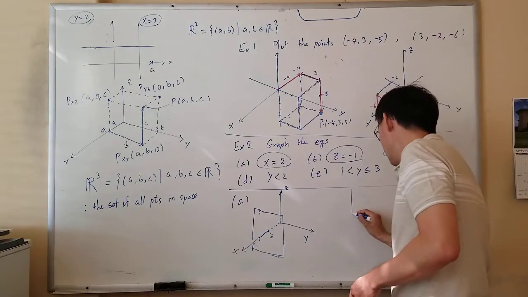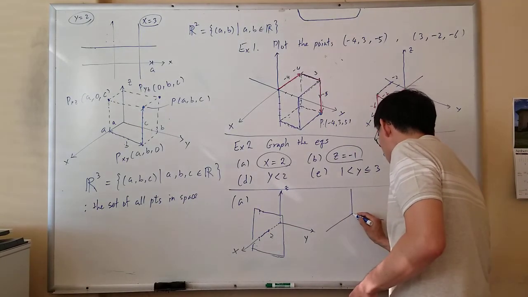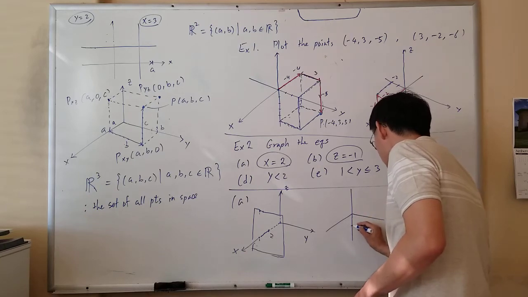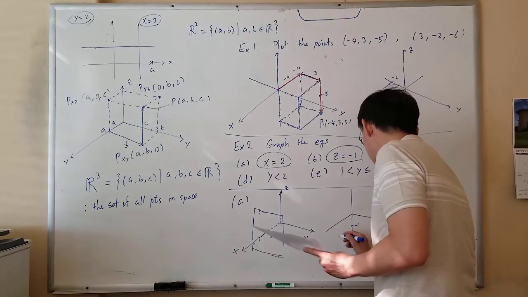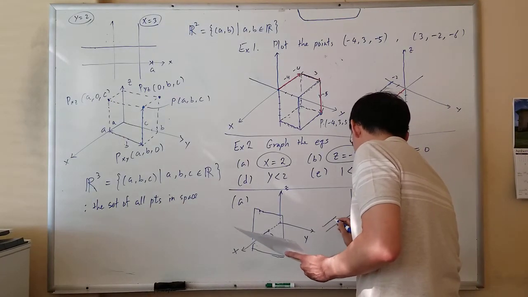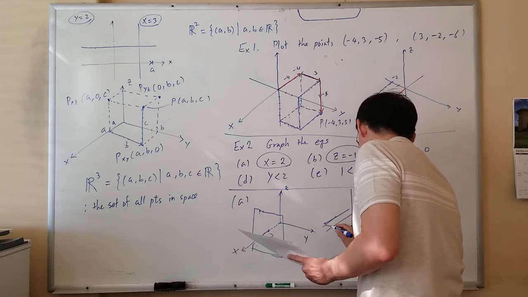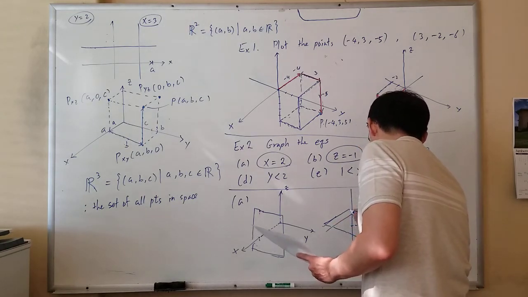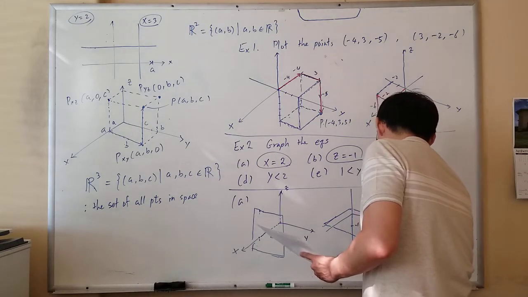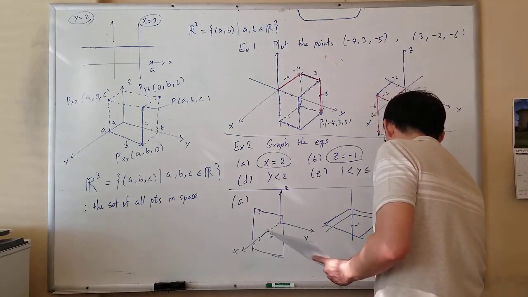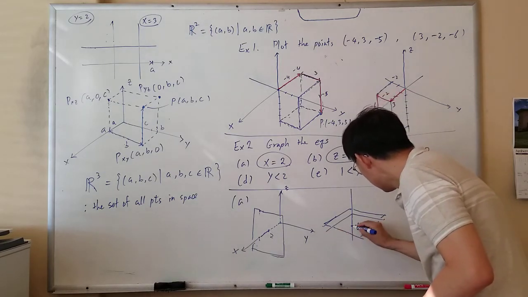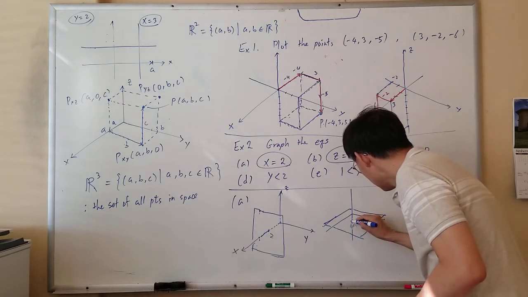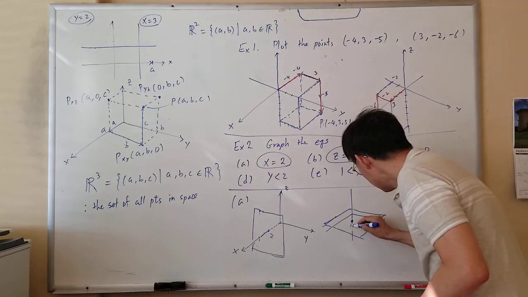So that will be some kind of plane going through z equals -1. See? It's down there. Going through -1. So that means this will be dotted, hidden.